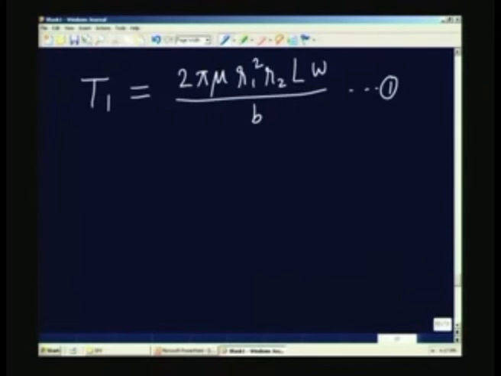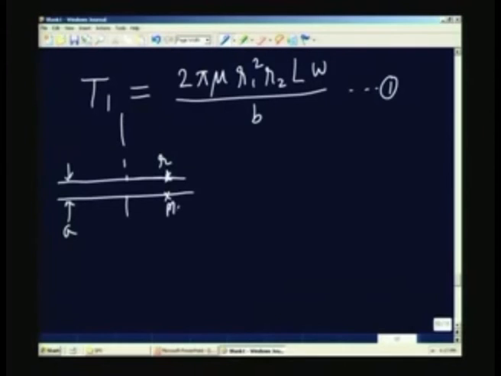Now, let us look at the torque due to the film which is at the bottom of the cylinder. If I draw the bottom of the cylinder, this is the axis and there is a gap of a, and at any location at a radius equal to r, this part is moving, this part is stationary.